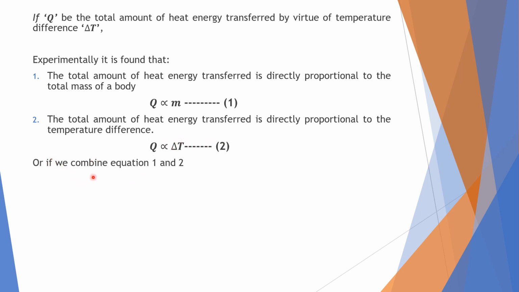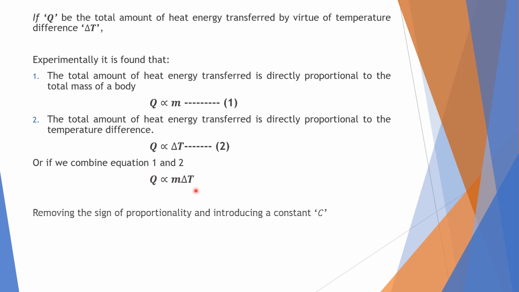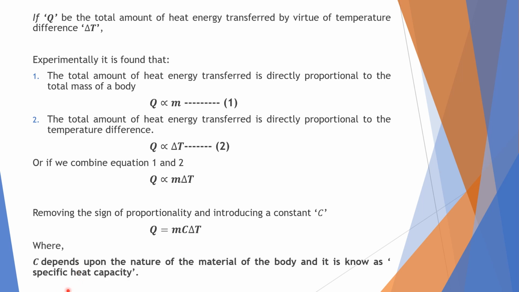If we combine equation 1 and equation 2, we get Q is proportional to M delta T. Removing the sign of proportionality and introducing a constant C, we get Q equals MC delta T. This formula shows the total amount of heat energy transferred from hot body to cold body due to the temperature difference delta T. This constant C is known as specific heat capacity, and it depends upon the nature of the material of the body.